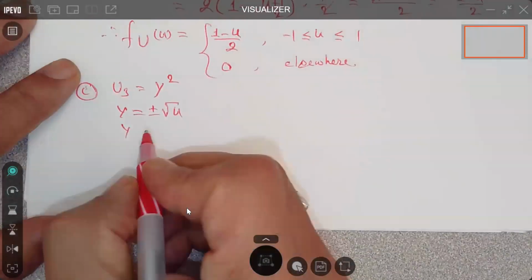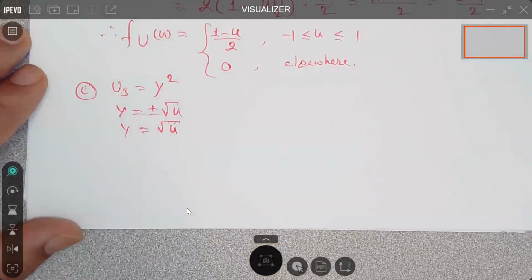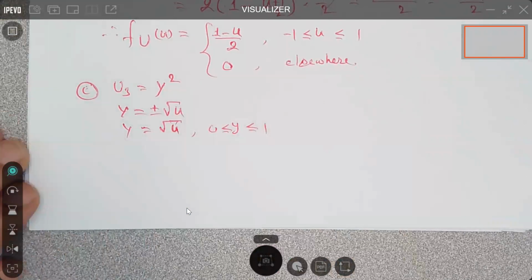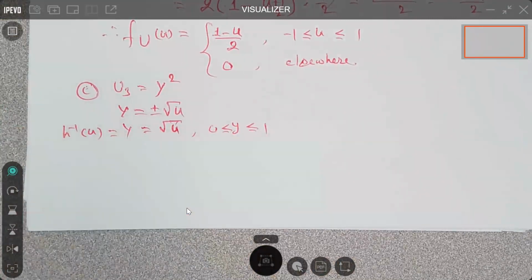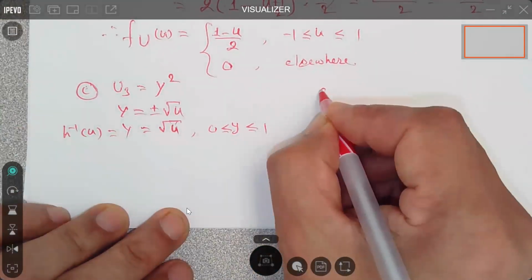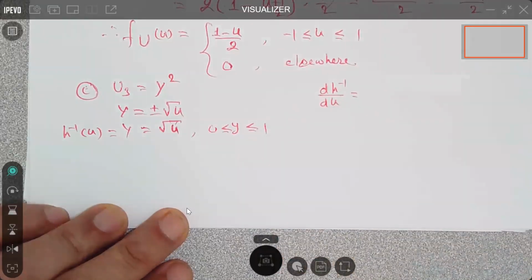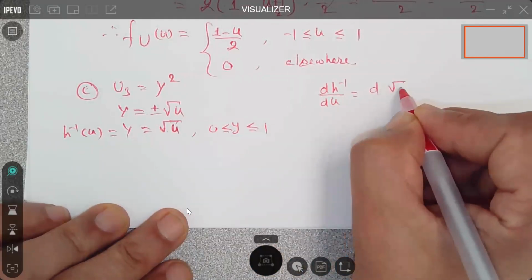So it means that y equals root u only, because y lies between 0 and 1. And this is now H inverse of u. Okay, now take a derivative. The derivative of G inverse, d of square root of u du.